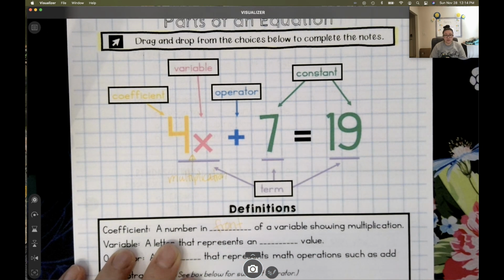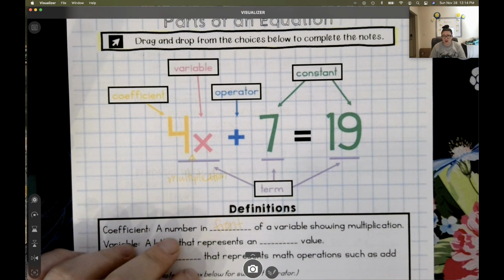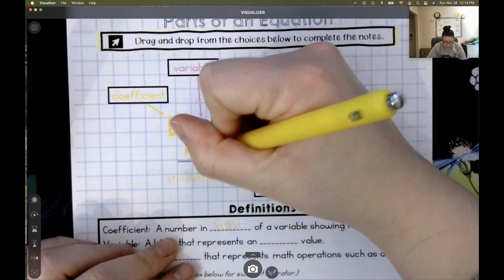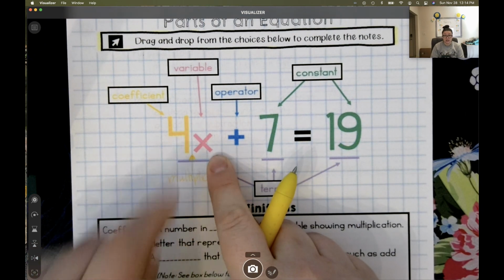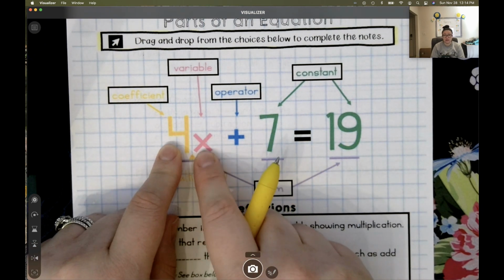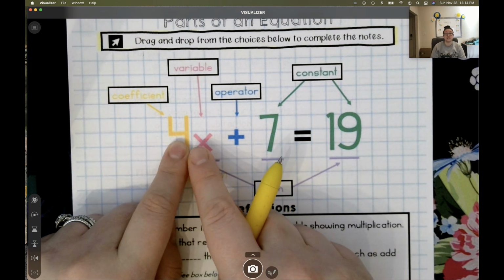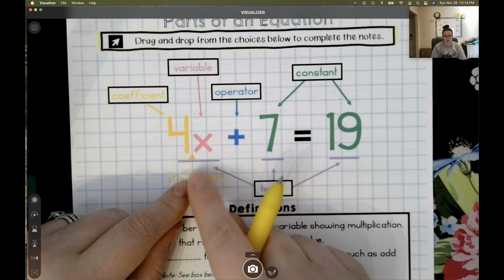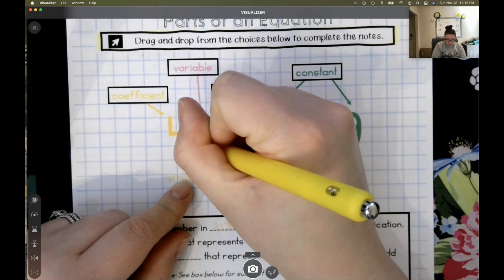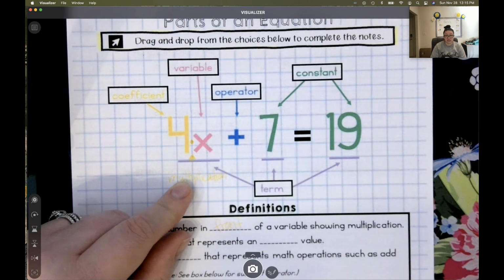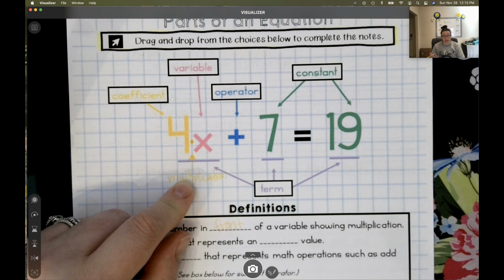Side by side means multiply. Some people on our expressions test, if x was equal to 3, they were making it be 43. But that's not right. It needs to be 4 times 3. So if you want to draw that multiplication dot in the middle there, that might help you.